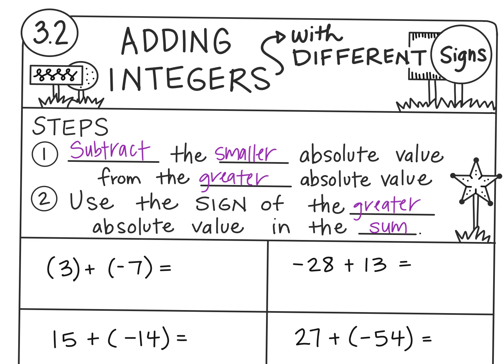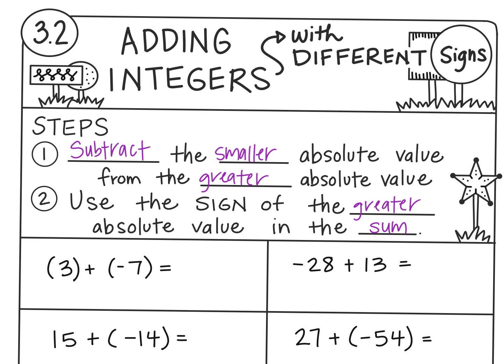Okay, so if I have positive 3, I'm adding negative 7, I'm actually going to be subtracting the absolute value. So what are the absolute values of 3 and negative 7? 7 and 3. Remember, you remove the signs.